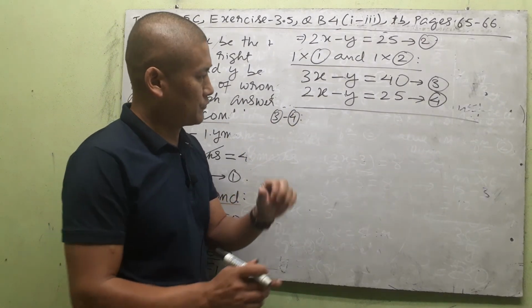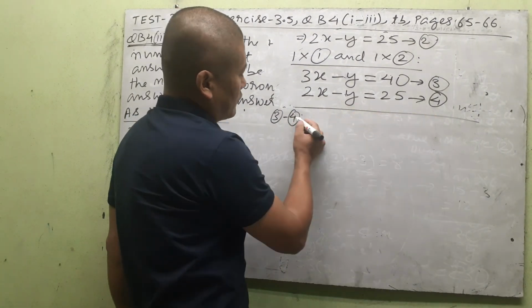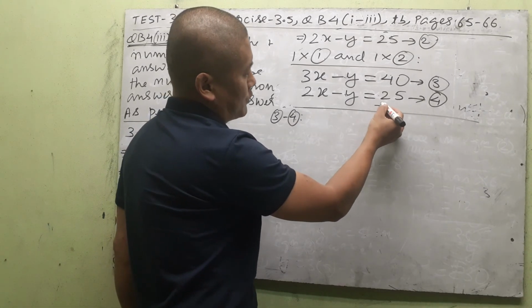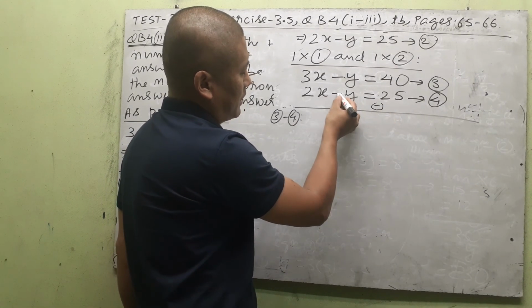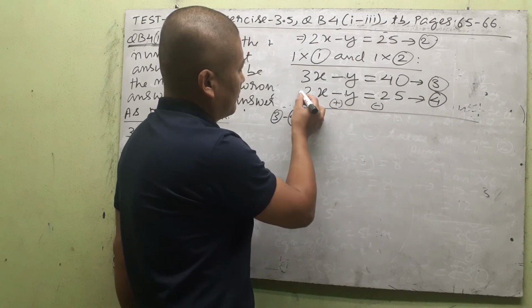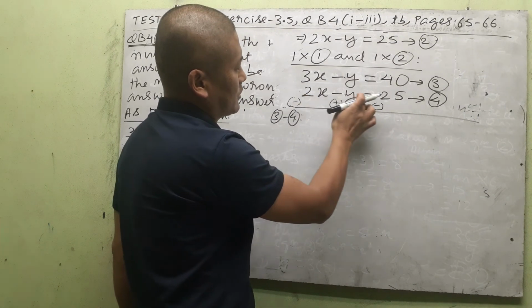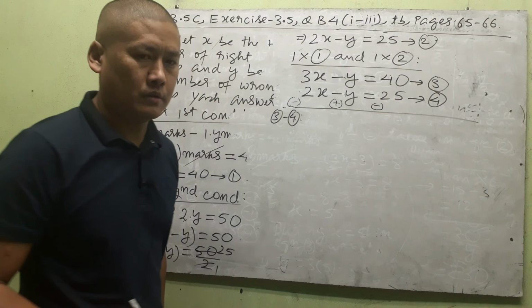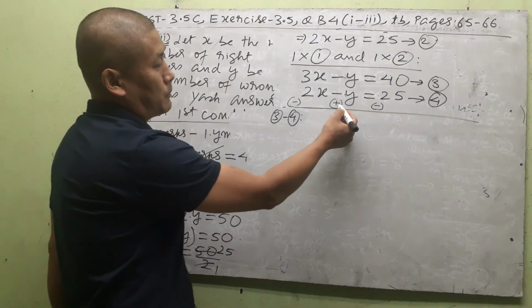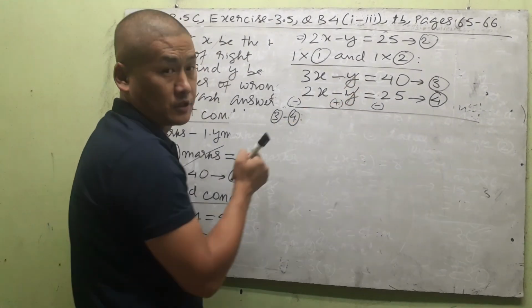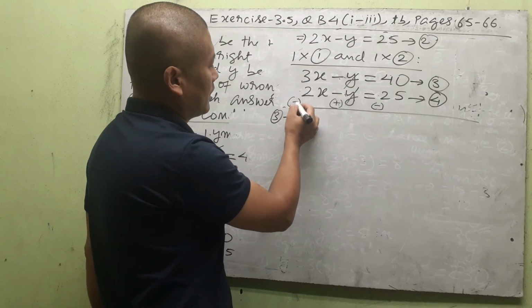Equation 3 minus equation 4 means original signs of 4 will change. So plus 25, which was originally plus, will become minus. Minus here will become plus. Plus here will become minus. So every term in equation 4 will change the original sign. That way, plus 1y minus 1y is eliminated, 0. 0 means eliminated.